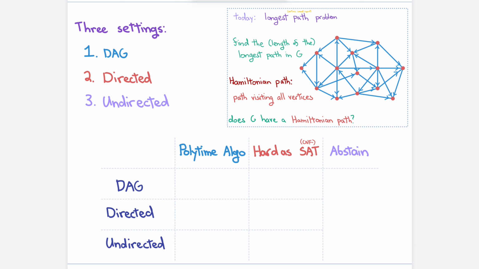You're allowed to not vote, of course. Who's not going to vote? One, okay. It's a lot of pressure on the rest of you. Okay, so for a DAG, who thinks we're going to get an algorithm? Oh, a lot of people.